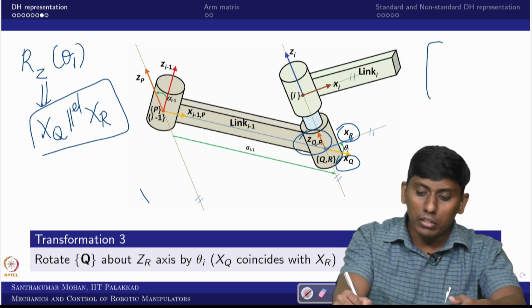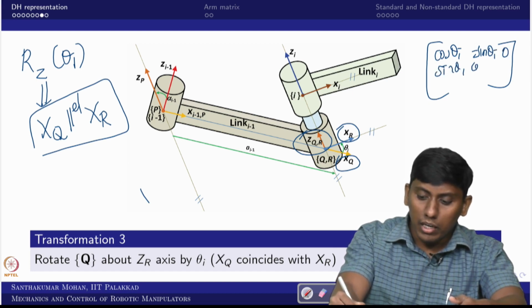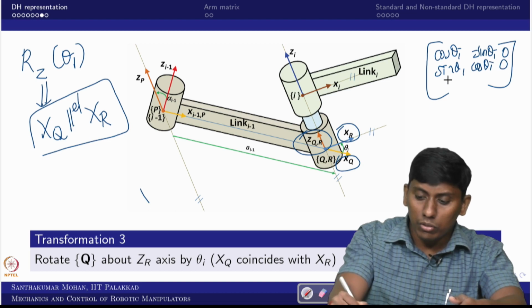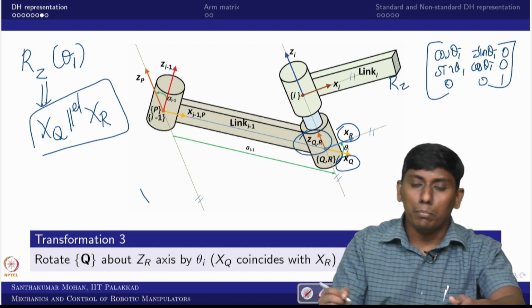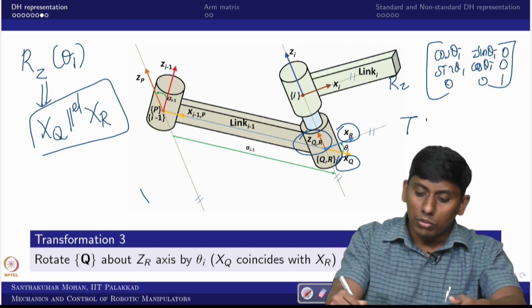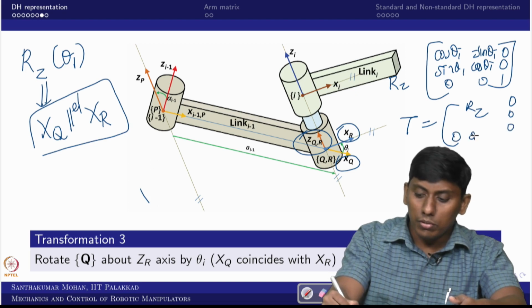So what would be the rotation matrix in this case? cos theta i, minus sin theta i, 0; sin theta i, cos theta i, 0; 0, 0, 1. This is the rotation matrix, and you can put it in transformation form: Rz, with 0, 0, 0 and 1.